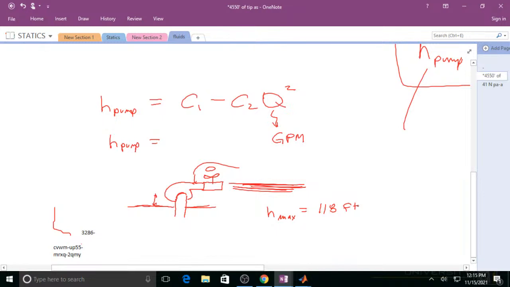Turns out that if you want to know the pressure, gamma H is equal to the pressure. So if you have the H and you want to know the pressure, I guess you could put 62 here. Here, I'll do it this way: 118 feet of water, 62.4 pounds per cubic foot.